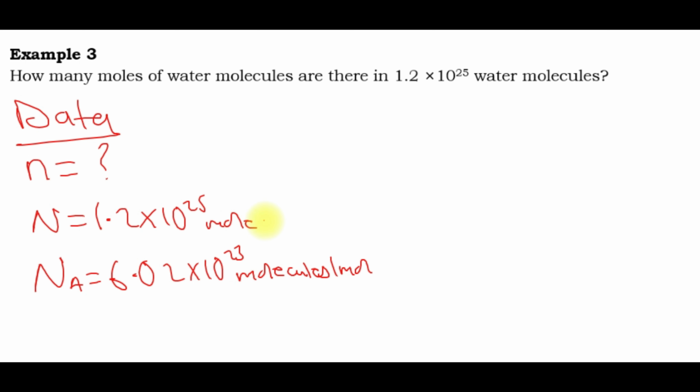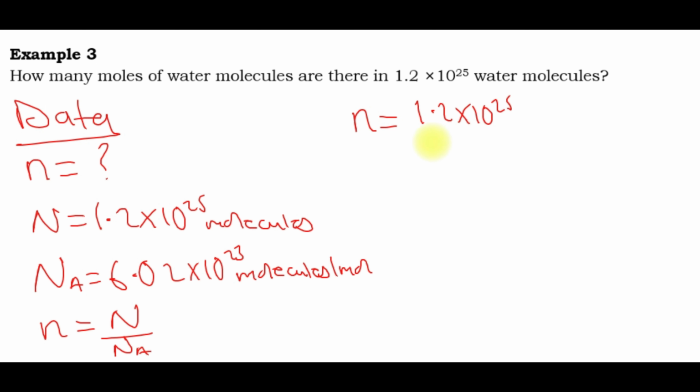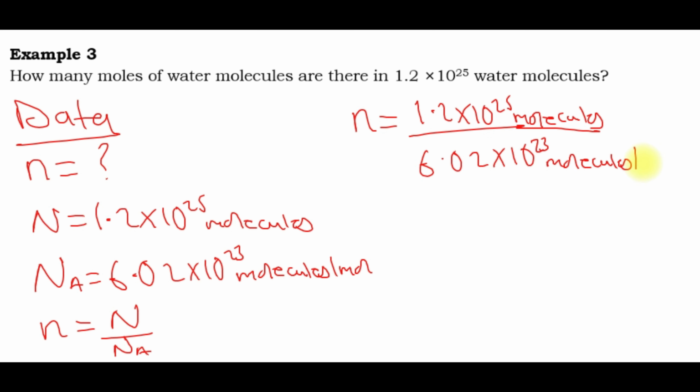Here we have molecules. The formula, number of moles is equal to the number of particles over the Avogadro's number. So we have number of moles is equal to 1.2 by 10 to the power 25 divided by 6.02 by 10 to the power 23 molecules per mole.